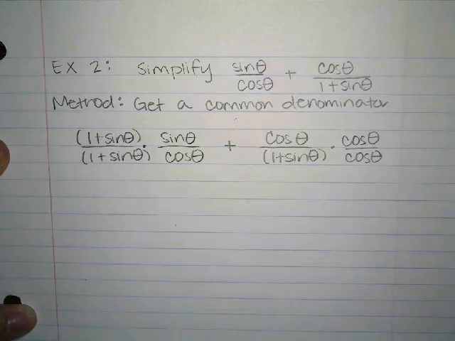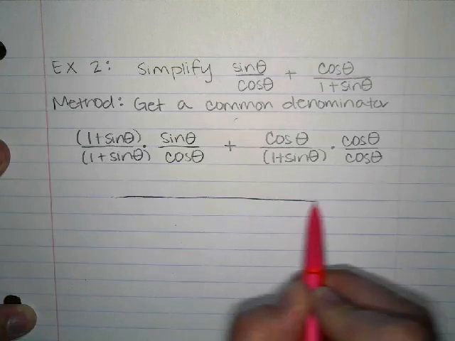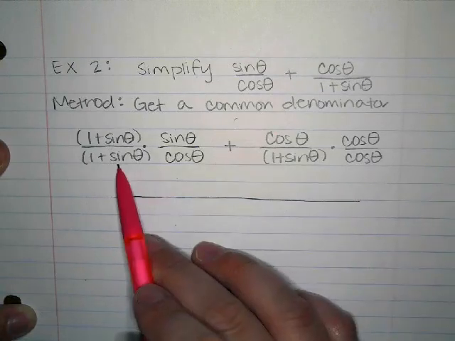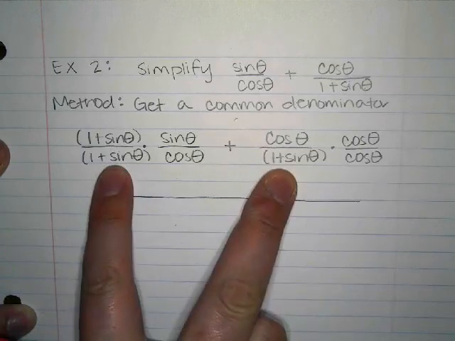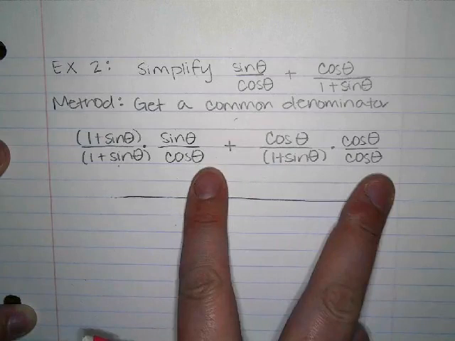So my common denominator is 1 plus sine theta times cos theta. You can see I have that for both of my fractions.